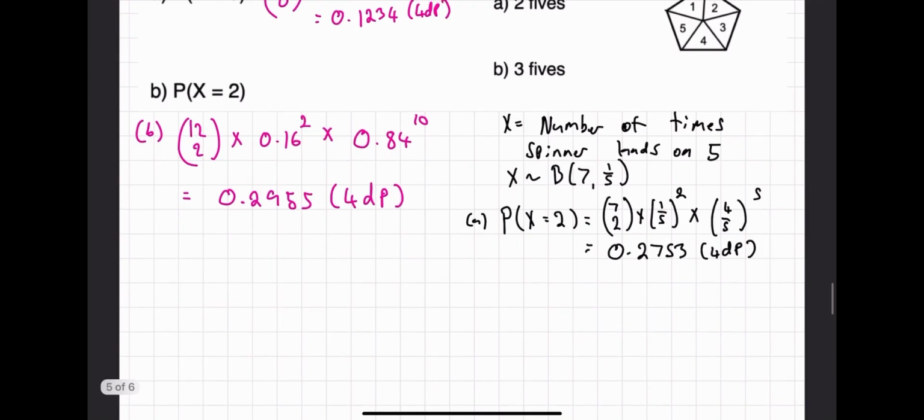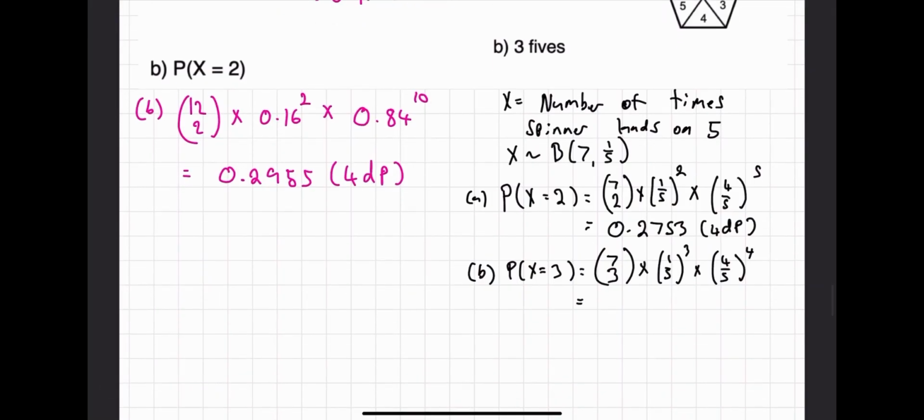And then the probability of the spinner landing on 5 3 times, the probability of x equaling 3, you get 7 choose 3 times 1/5 to the power of 3 times 4/5 to the power of 7 minus 3. 7 minus 3 is 4.